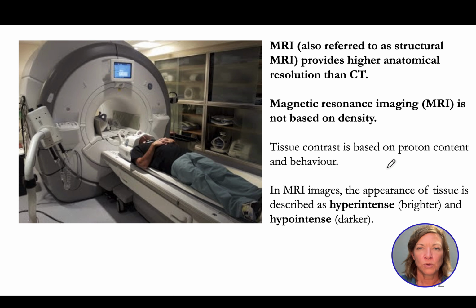The important point to remember, of course, is that it's not based on density. So this is not using X-rays. Instead, tissue contrast in MRI is produced based on different levels of proton content, and how the protons behave in different tissues. So we don't say hyperdense and hypodense. When we describe MRI images, we talk about hyperintense and hypointense.